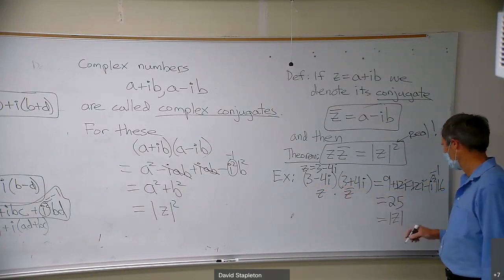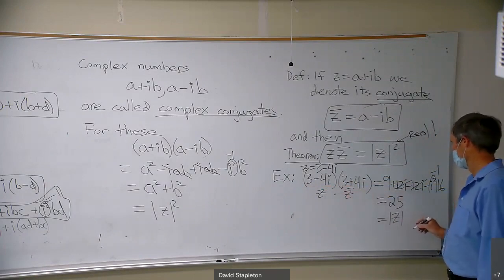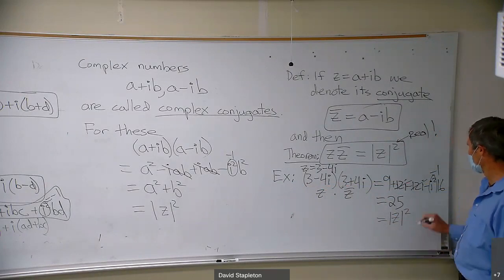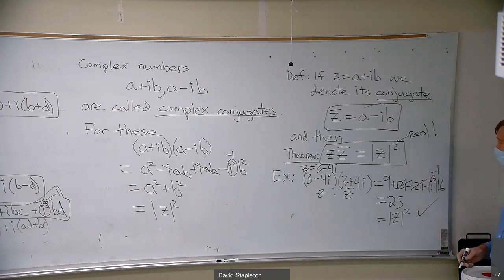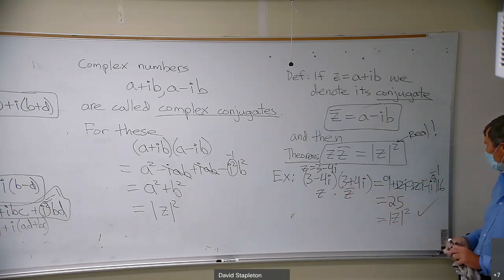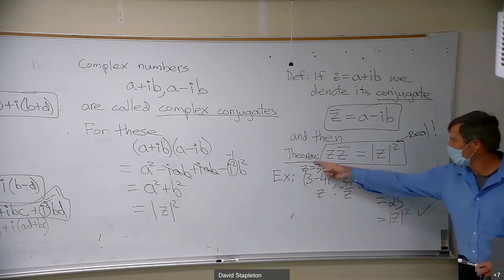It's the hypotenuse from the Pythagorean theorem. So that's just a verification of this theorem showing that for this special case it works. But it works for any complex number. Take a complex number and multiply by its conjugate, you get its absolute value squared, right? The absolute value of this complex number was 5.